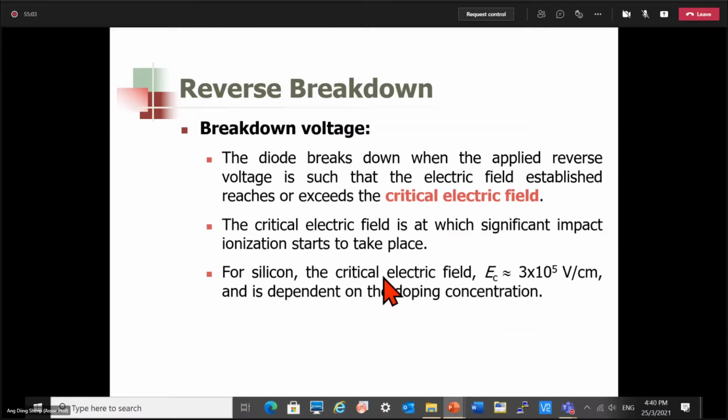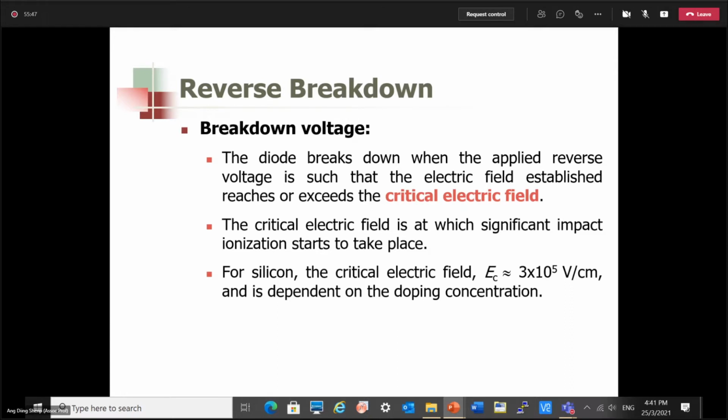Now, how to understand the variation of the critical electric field with doping? Remember, doping introduces impurity centers into the semiconductors, and due to impurity scattering, the mobility of the electrons and the holes actually decreases when the doping concentration is increased. Now, with a reduction in electron-hole mobility, it is less likely for an electron or hole to gain significant kinetic energy within a given electric field because it tends to suffer more scattering events.